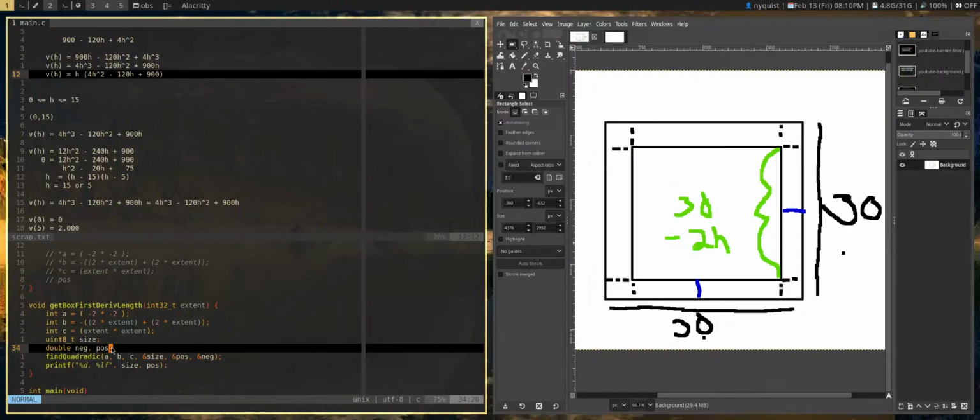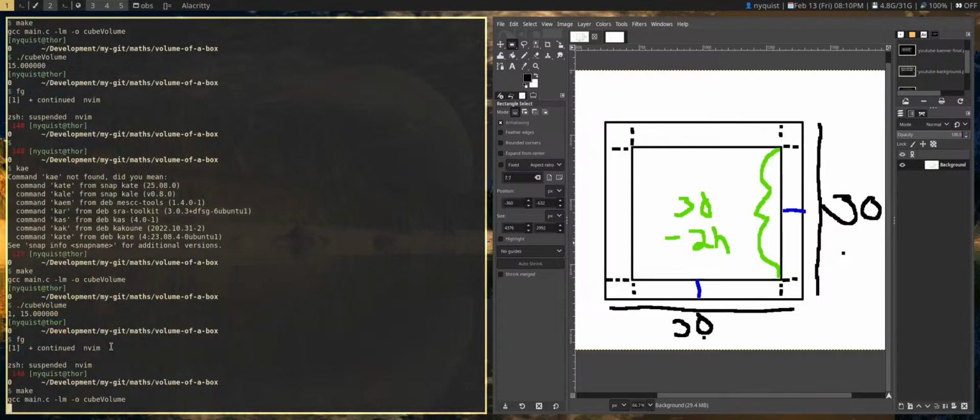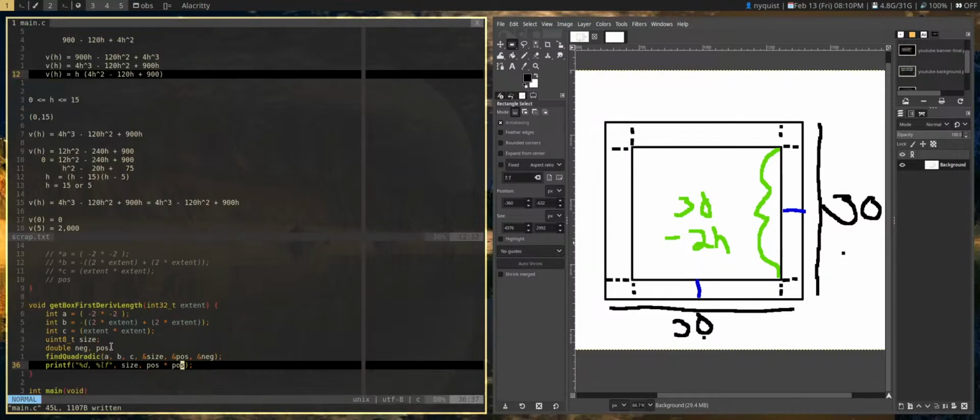So it would really be like that. So the volume of h would equal that, but then how do we get the first derivative of that?